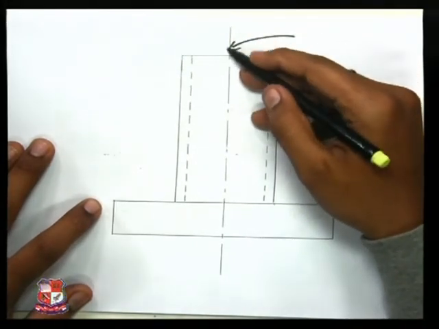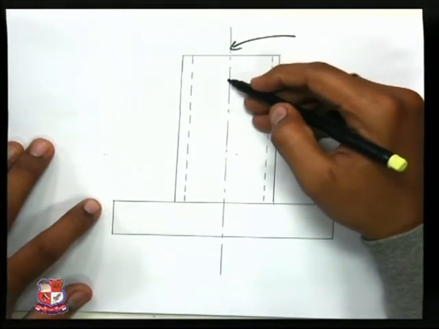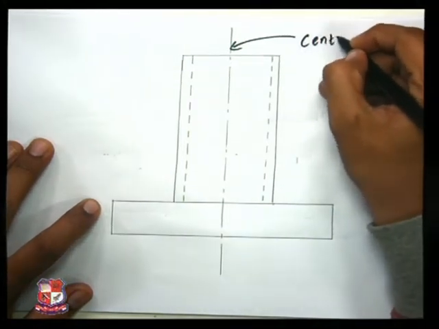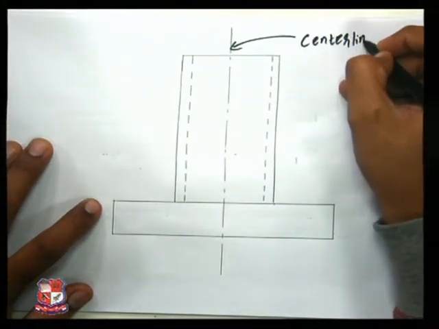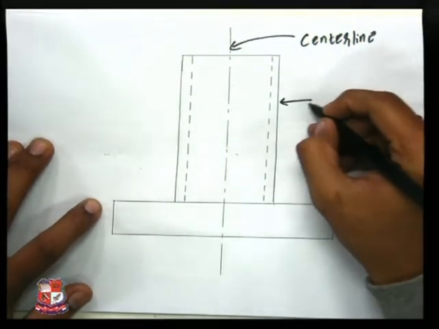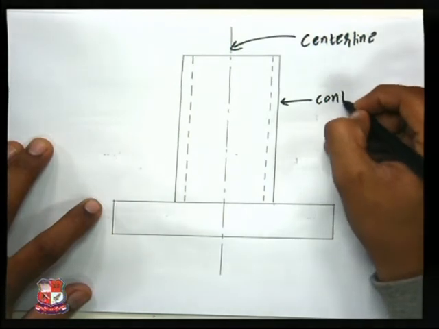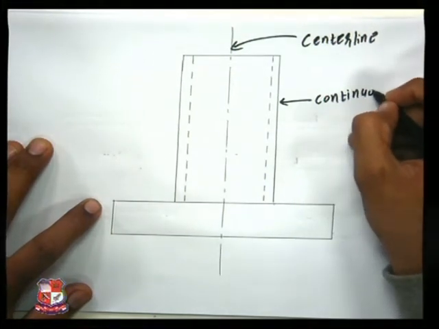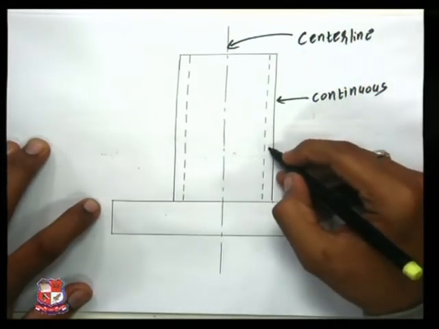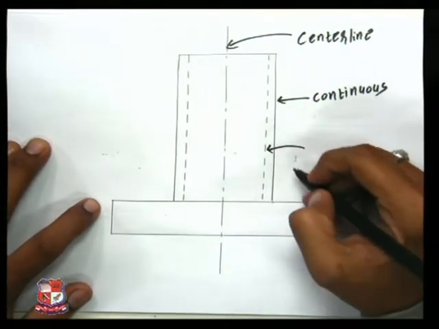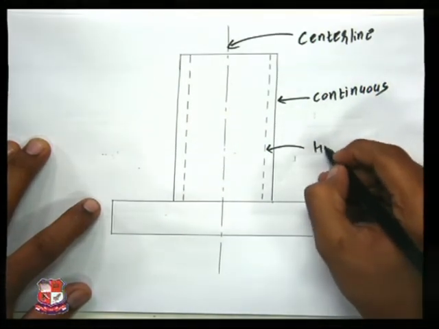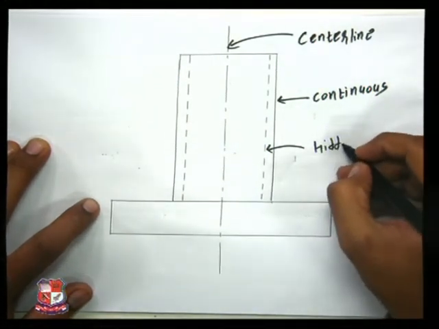One long dash, a short dash, long dash, short dash, considered as center line. The outer body line is considered as continuous line, and this continuous dashed line is considered as hidden line.